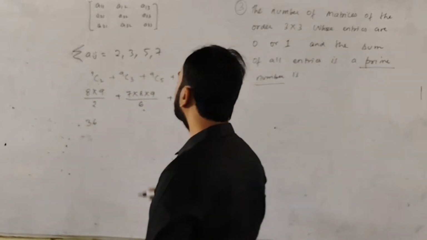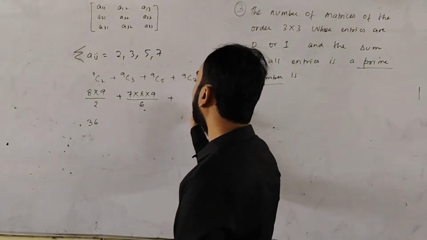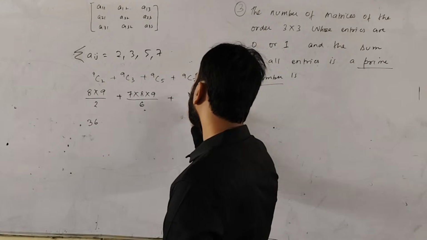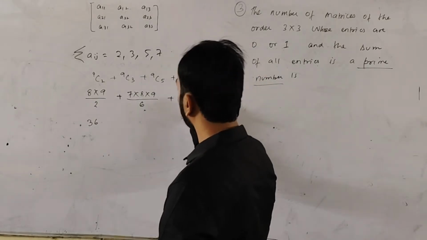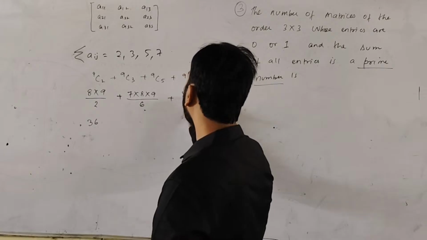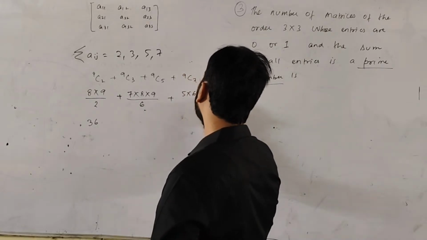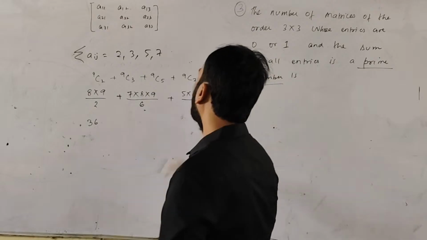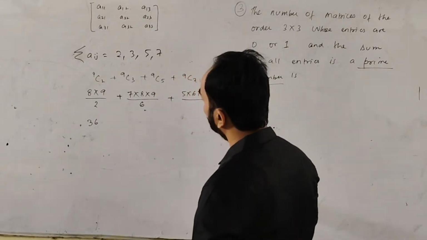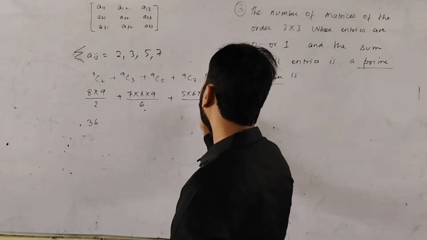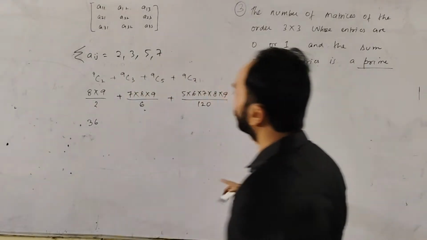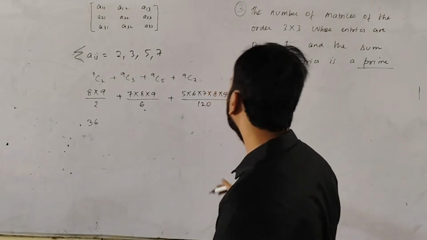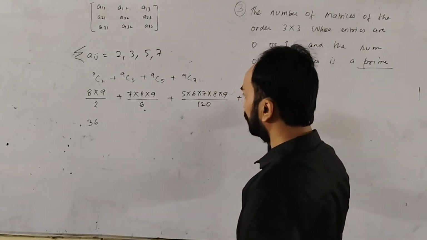And what about 9C5? 9C5 will be 9 factorial over 5 factorial times 9 minus 5, 4 factorial. So here it will be 5, 6, 7, 8 and 9, divided by 4 factorial. And last 9C7, there is no need of calculation, because 9C7 will be equal to 9C2.